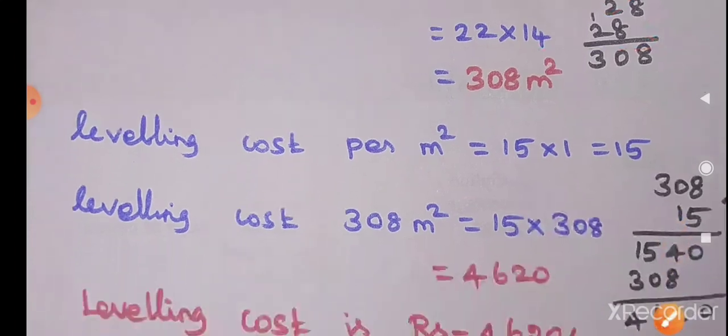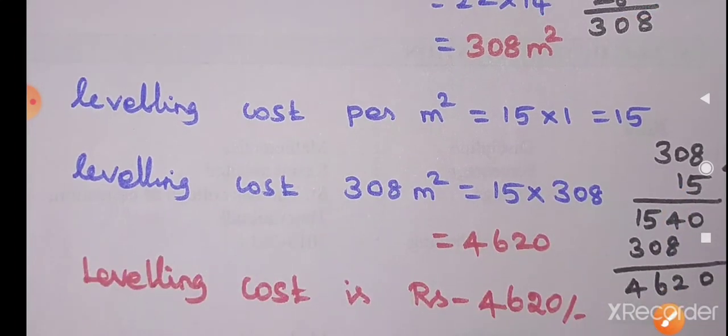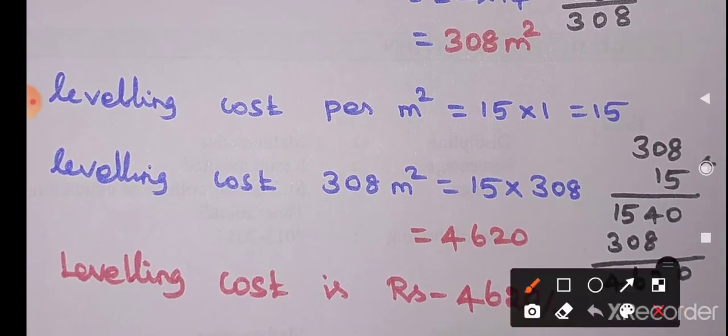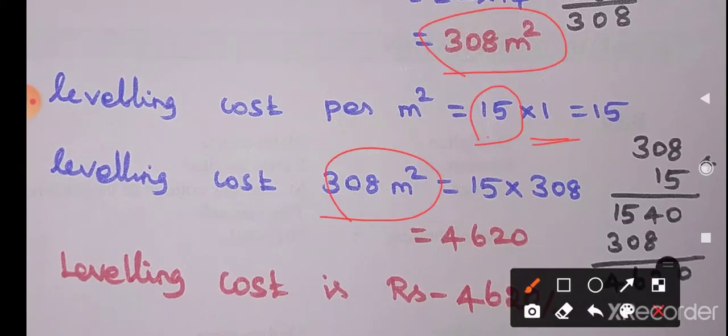Then we are leveling the ground. Per meter square is 15 rupees. So 1 meter square is 15 rupees. Here we have 308 meter square of ground.